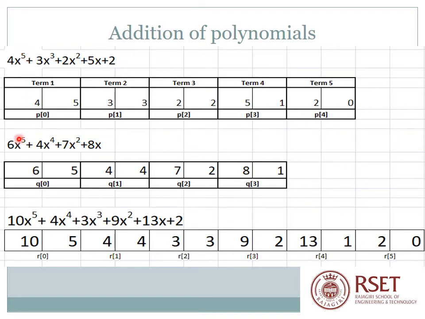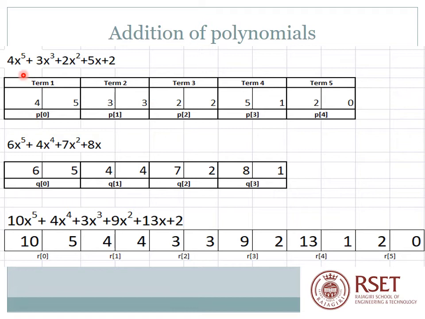So if the exponents match, then you will be adding the corresponding coefficients. Otherwise, you will be just copying that term to the resultant polynomial. That is a normal rule that we follow. And always keep in mind, we always want to maintain the order, that is the descending order of exponents.